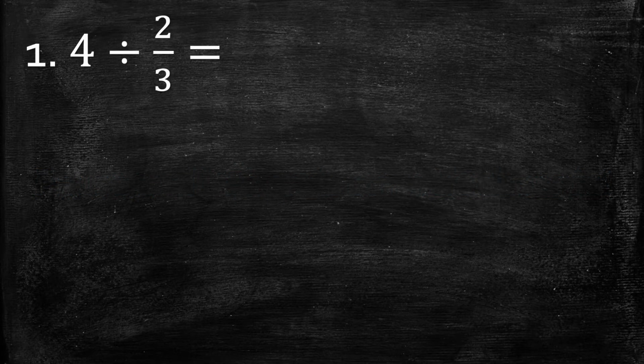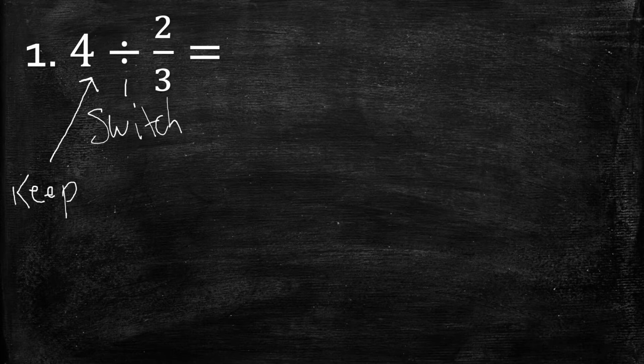So starting here with our first problem, we are using 4 divided by 2/3. The method that we can use to do this is the keep, switch, flip method. To keep our whole number, we are going to switch our math, and we need to flip our fraction.